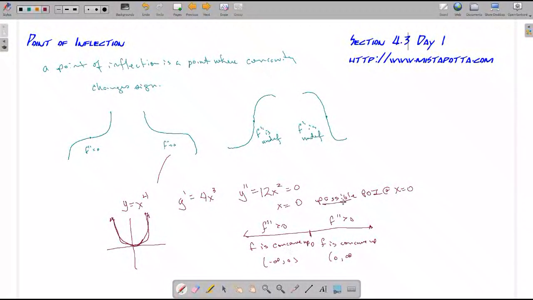Notice that I use the word possible point of inflection. And the second thing to remember is that a point of inflection is a point. So you need to give me an x and y coordinate. I need both of these pieces of information to actually have a point of inflection.